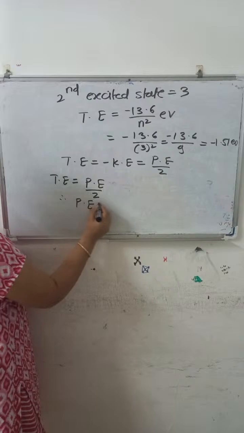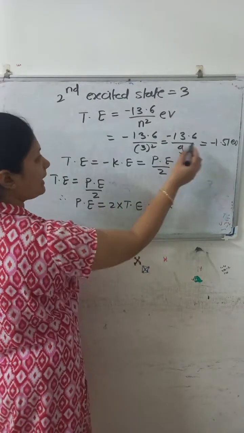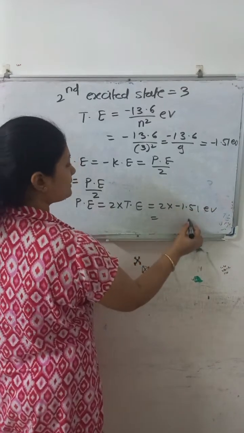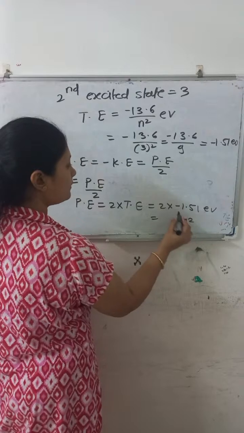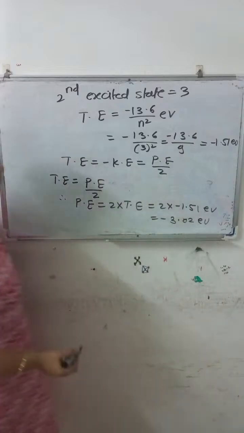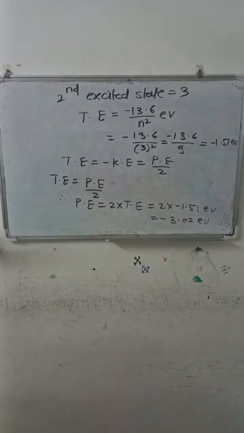Therefore, potential energy is equal to 2 into total energy. So 2 into minus 1.51 electron volt, that is nothing but minus 3.02 electron volt is the answer. So which option is correct? B option is the correct option. Are you getting this?